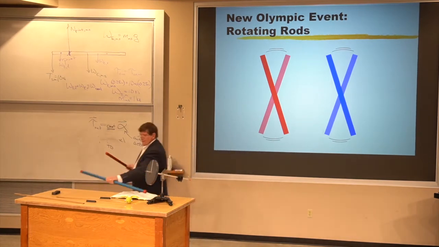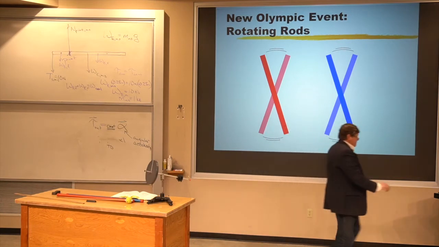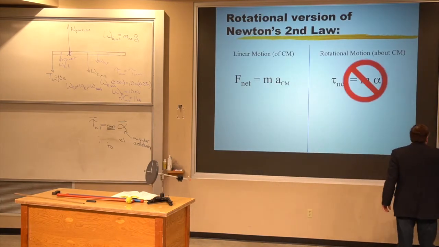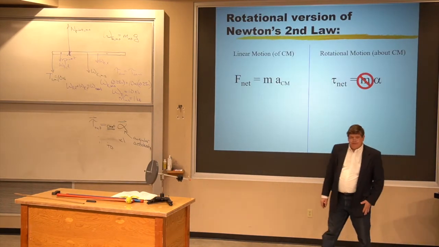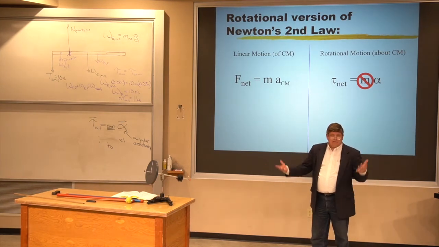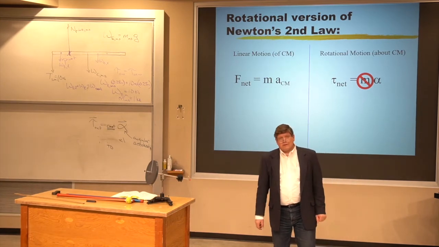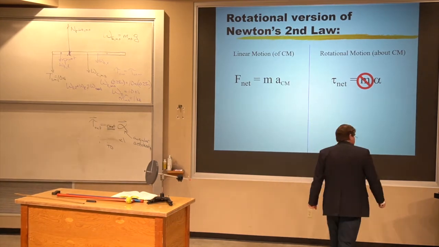What that tells me is that mass clearly cannot be the constant of proportionality there. They have the same mass, they should get the same angular acceleration for the same net torque, but they don't, okay?